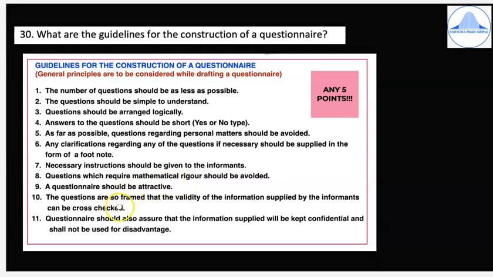The questions are so framed that the validity of the information supplied by the informants can be cross-checked. And lastly, questionnaire should also assure that the information supplied will be kept confidential and shall not be used for disadvantage. So remember, for a 5 mark question, just 5 points are sufficient.